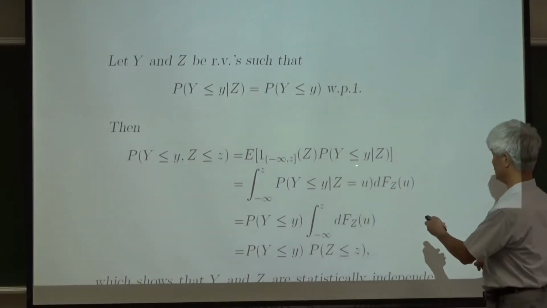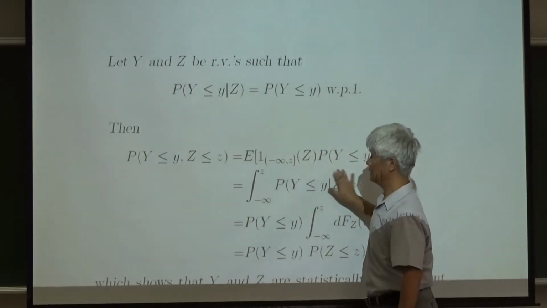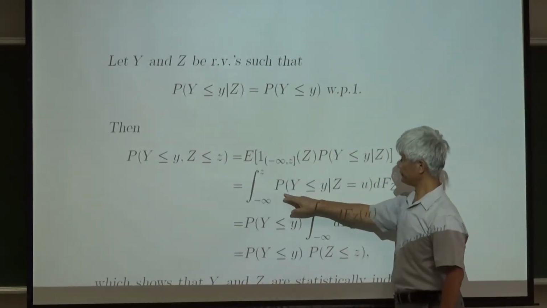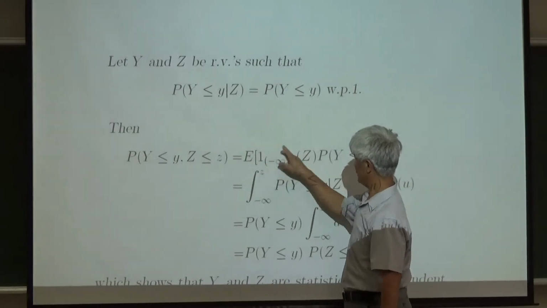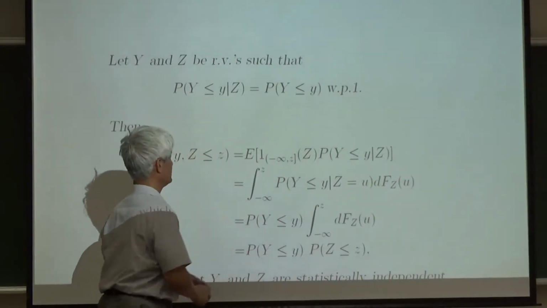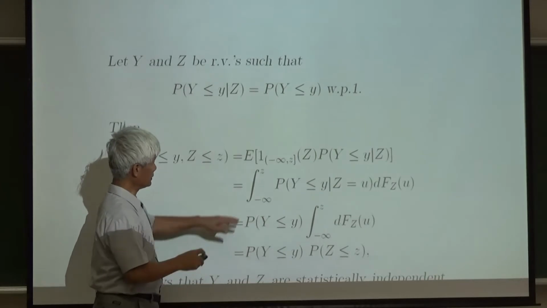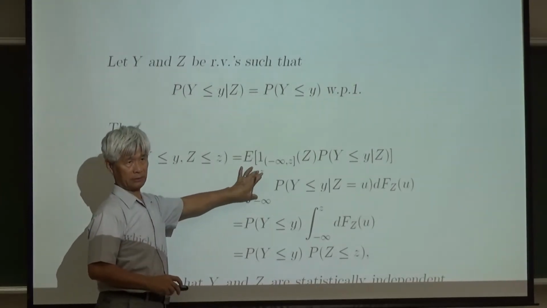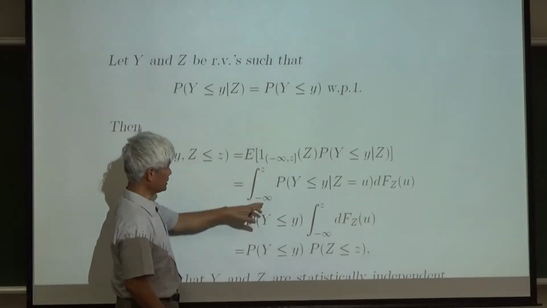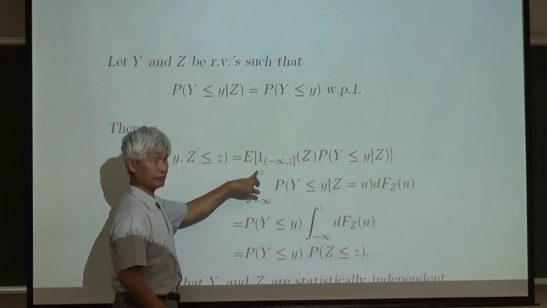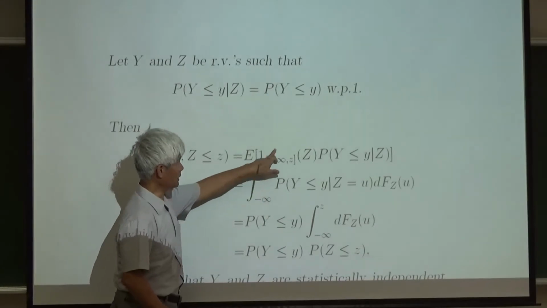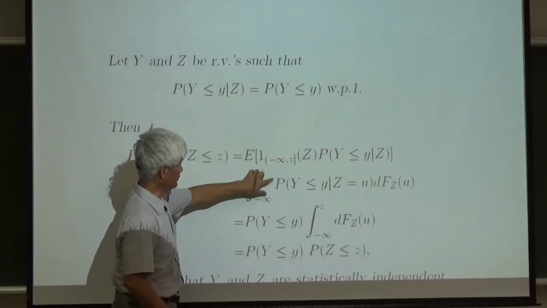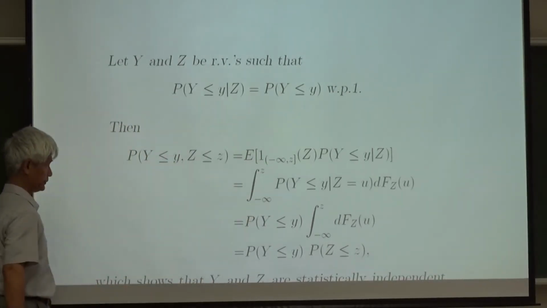Because this is a function of z, the indicator function restricts the interval from minus infinity up to theta z. Initially this is from minus infinity up to infinity, and then after applying the indicator function, we have this integral.